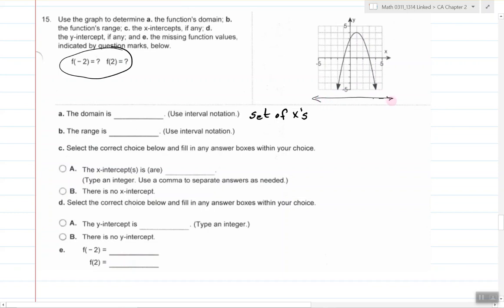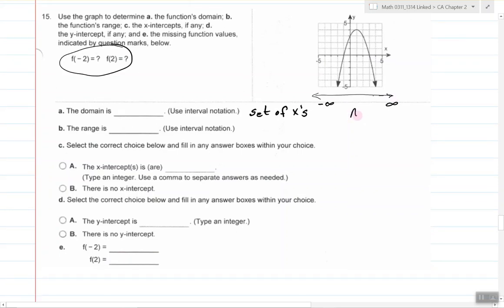So in an x direction, although this is going down, it is continuing to go to the left. And on the right side, although it's continuing to go down, it's continuing to go to the right. This way out here is negative infinity, and way out here is positive infinity. There is no break, there's no gap in between, so the domain in words would be all reals.